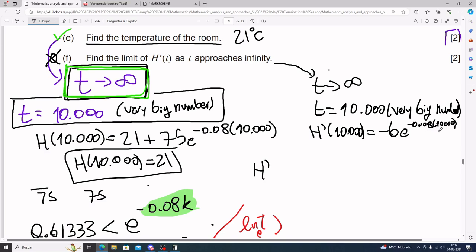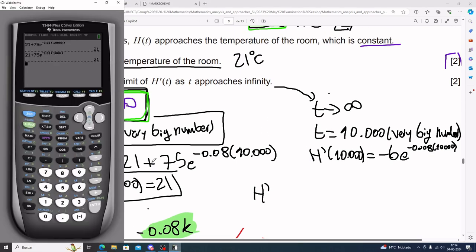Give me a second. It's hard to tell what this is going to be, but let's see. So if you plug in 10,000 there, you end up with negative 6 times e to the power of negative 0.08 times that 10,000 that I mentioned. So eventually, it reaches something similar to 0.